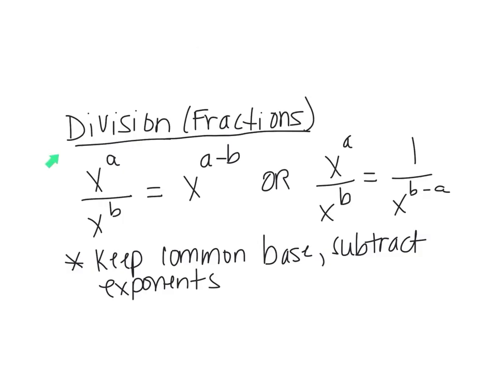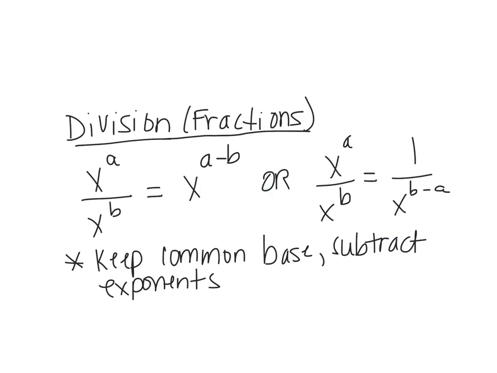Next type of exponent problem involves fractions, which really is called the division rule. X to the a over x to the b equals x to the a minus b. So we will be subtracting exponents, and I will explain why.